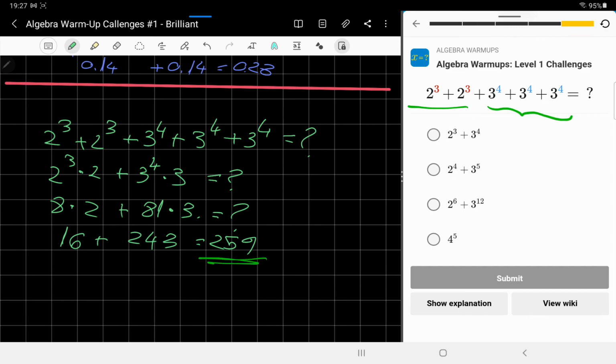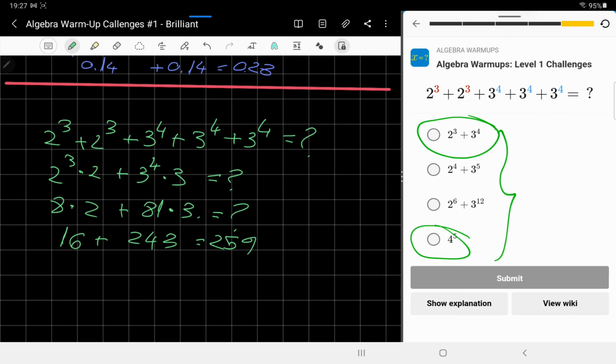Now, in this case, 259 should evaluate to one of these. 4 to the power of 5, no. 2 to the power of 3 to 3 to the power of 4. That's exactly what it is. So 2 to the power of 3 is 8. No, it's actually 2 to the power of 4 plus 3 to the power of 5.